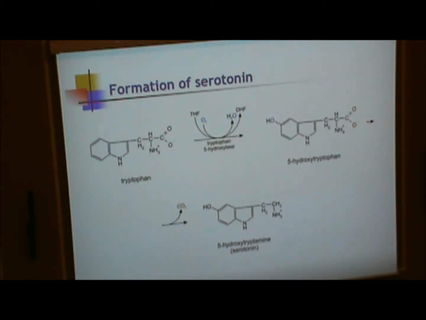The next biologically active substance produced from amino acid is serotonin, or 5-hydroxytryptamine. It is produced from tryptophan.